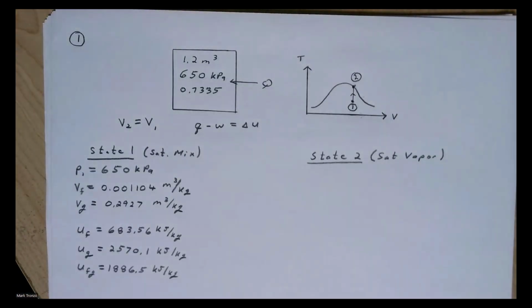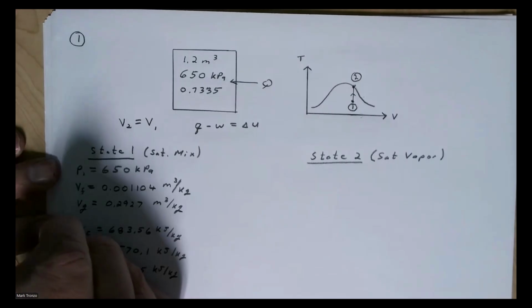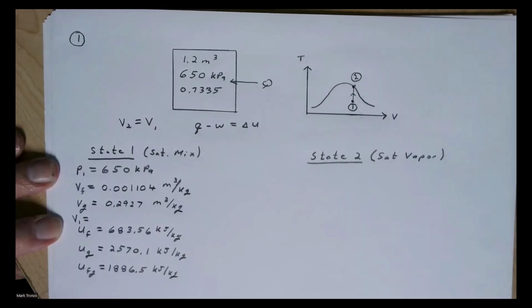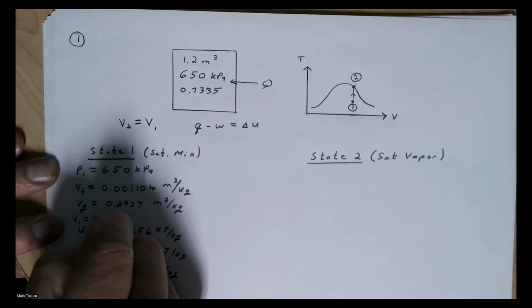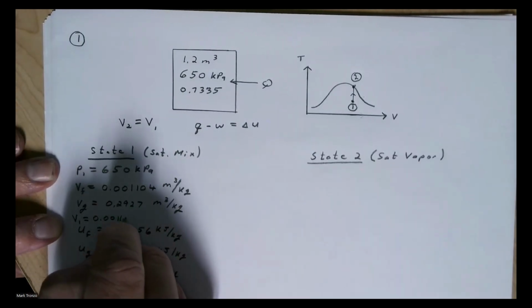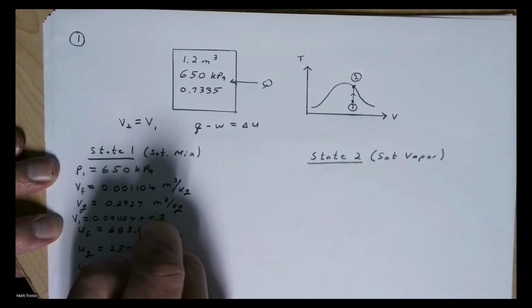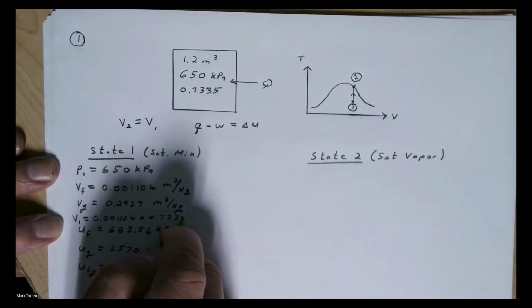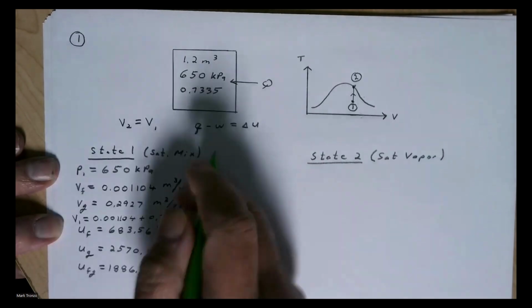And then we want to actually calculate for state one. We know the quality, that's going to be our X value. So we're going to do V1 is going to be our VF, which is 0.01104 plus our 0.7335 times VG minus VF.